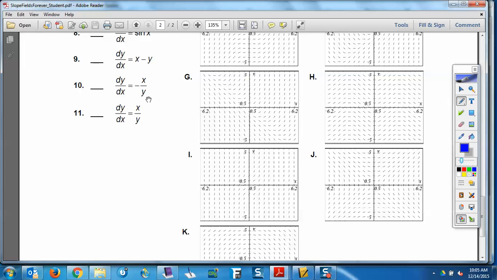It will never cross through the origin, okay? And it'll be vertical at the x-axis when y is 0, because you'll have these sideways kind of hyperbolas, and right there will be like the vertex, if you will, of it. And that's why it'll be a vertical slope there. So on the x-axis is why we get undefined, which would be vertical slopes, okay? All right. So that's that one.